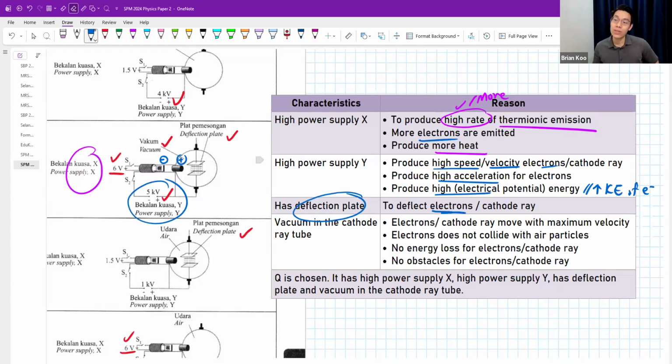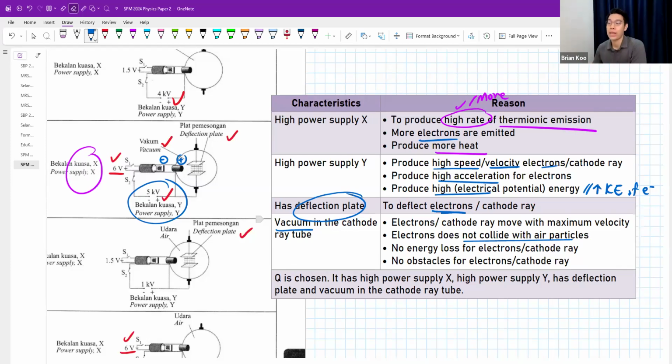Okay, why do we choose vacuum, not air? Because vacuum means that the electrons will not collide with any air particles. The electrons will just move. Remember, air is very heavy. Electron is just a subatomic particle, right? So if you have air particles, the electrons will be blocked by them.